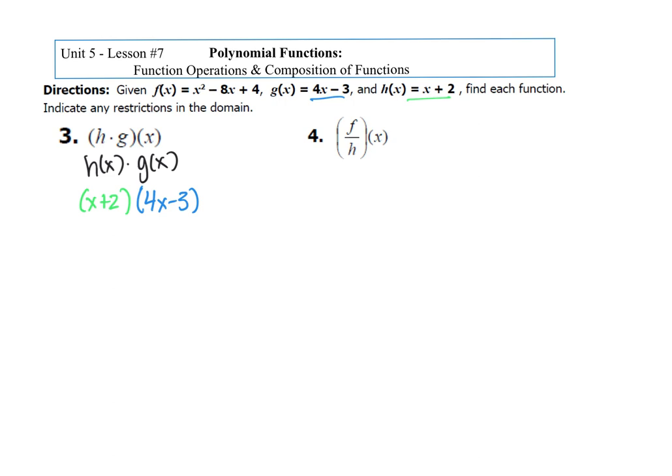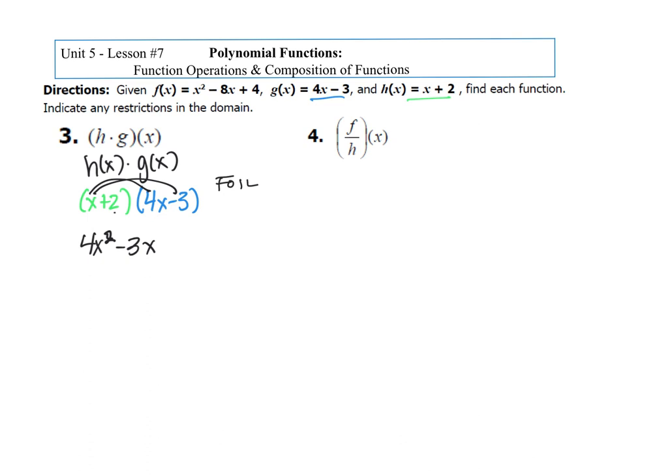And if it's multiplication, you need to put both equations or all equations in parentheses. They should be touching when you set it up because that's multiplication in math. And now this looks like x plus 2 times 4x minus 3. So it's a FOIL problem. So we start with x and we multiply it to 4x to get 4x squared. x times negative 3 is negative 3x.